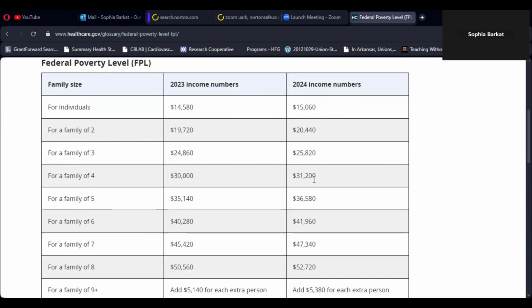So if you were in 2014, and these kinds of numbers were there, you would multiply by 1.38. That would be the number. That is the federal poverty level eligibility, right? Because you'd be eligible if it was less than 138 percent. Now, in 2020, the rate of coverage for Medicaid went up to 400% because of COVID.